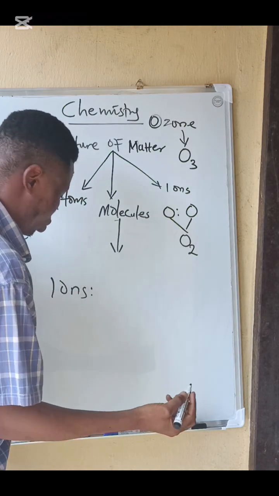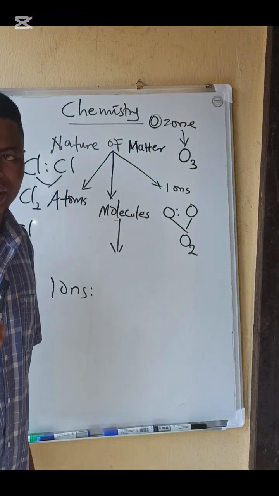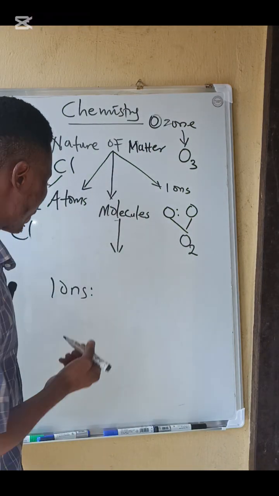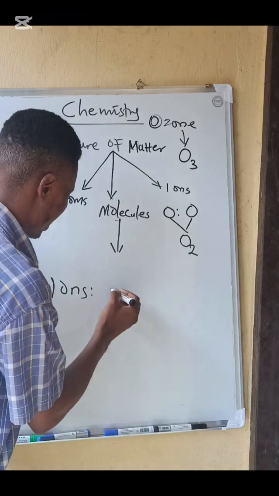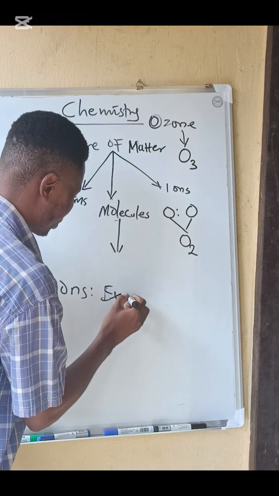The electric charge could be either positive or negative. For example, examples of ions.